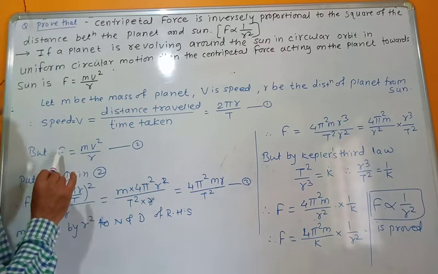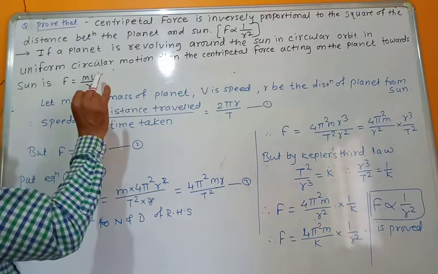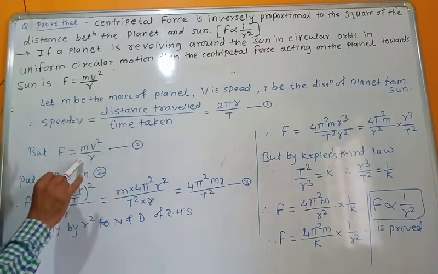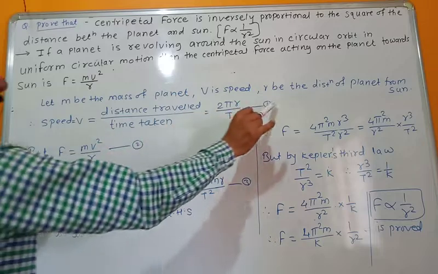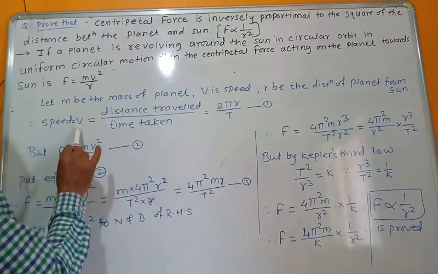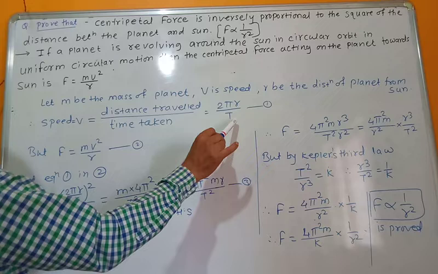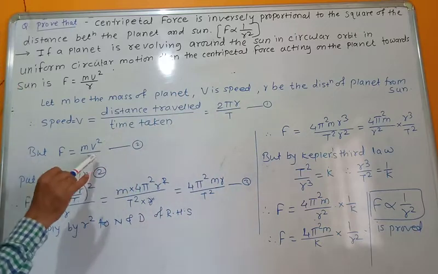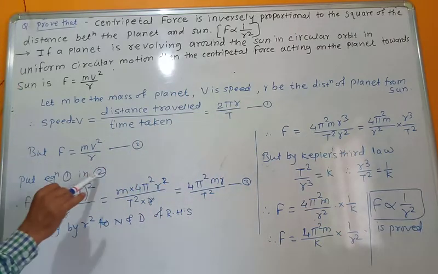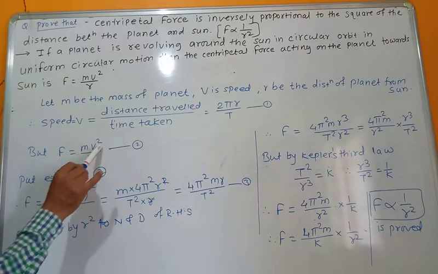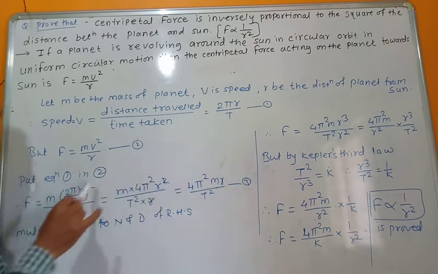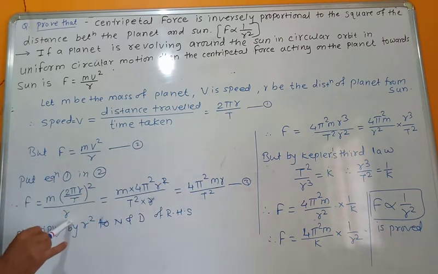But you know F equal to mv square by r, that is equation 1, and v equal to 2 pi r by t is equation 2. Put this value of v in equation 1. Therefore F equal to m into bracket 2 pi r divided by t, bracket square, divided by r.